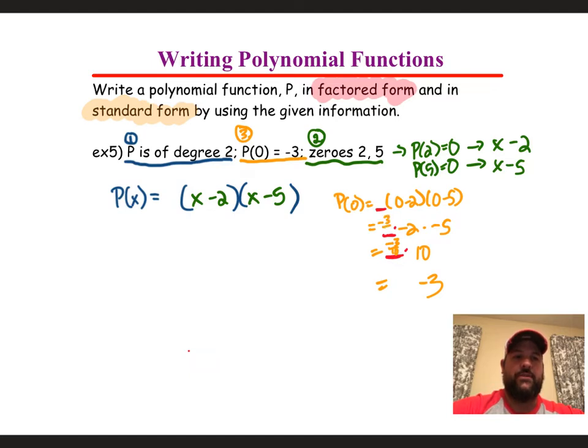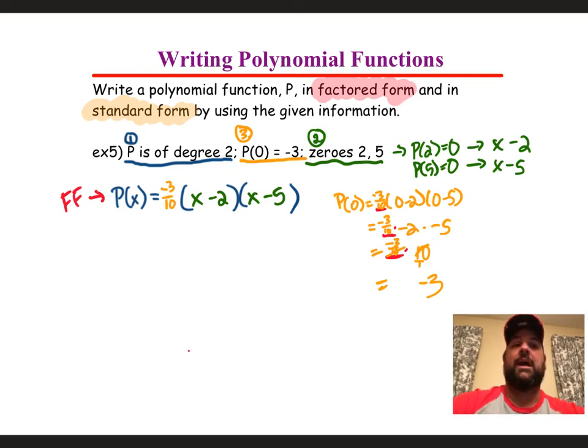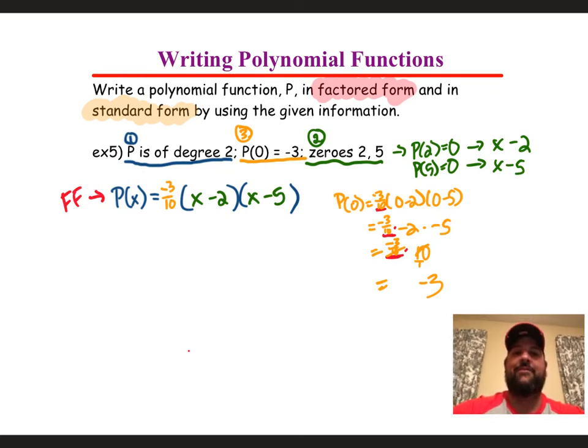Because if I took negative 3 over 10 times 10, the 10s would cancel out, and that would simply leave me with the negative 3. So out in front, I'm going to put negative 3 over 10 as a coefficient. This first step here is now my factored form of the polynomial, because I've broken it down into the linear binomials, and I have the coefficient out here of negative 3/10.